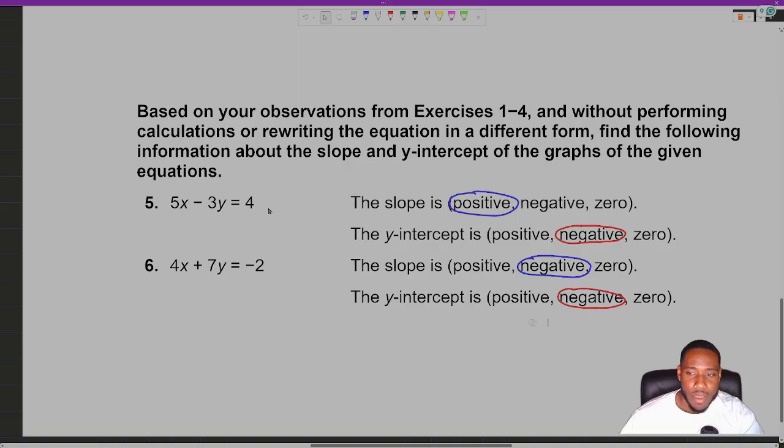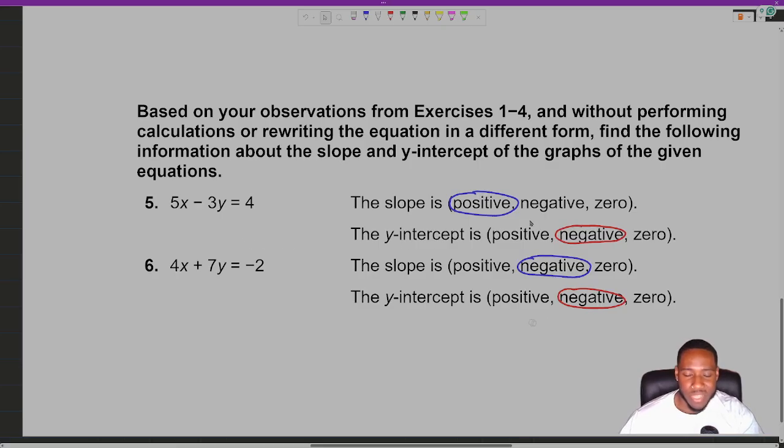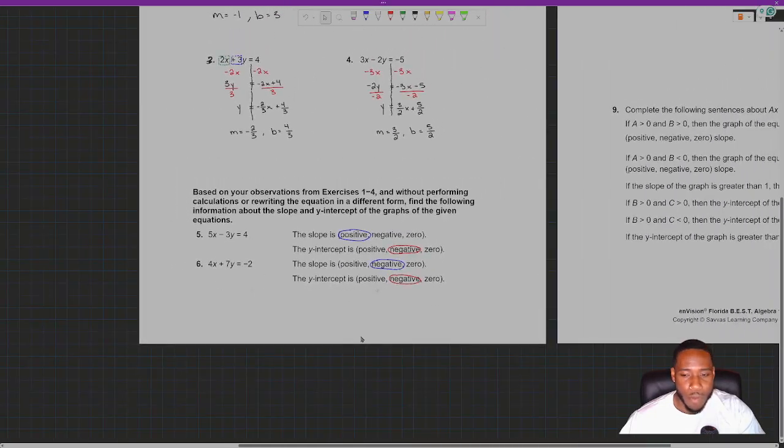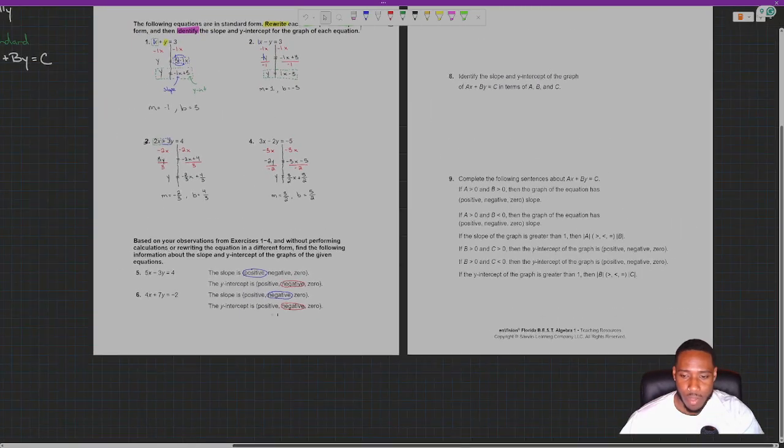Okay? So this process of solving in standard form, once you do it enough times, you see there start to be patterns, and you can kind of pick up on bits and pieces of what this line would look like before you even touch it algebraically or before you even try to graph it. So now we're going to flip over our pages here. We're going to look at the back side.